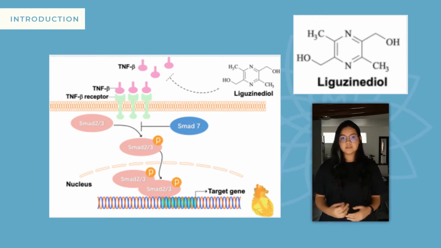But it is still unknown whether liguzinediol can improve heart failure caused by primary myocardial damage, as the transforming growth factor beta-1 (TGF-beta-1) SMAD pathway plays an essential role in the pathogenesis of heart failure. To detect the effects of liguzinediol on the TGF-beta-1 SMAD pathway.